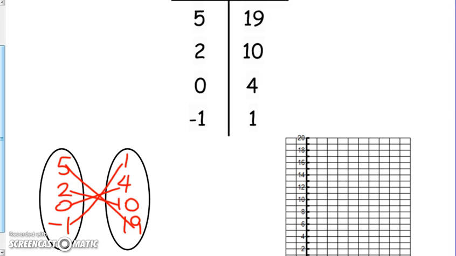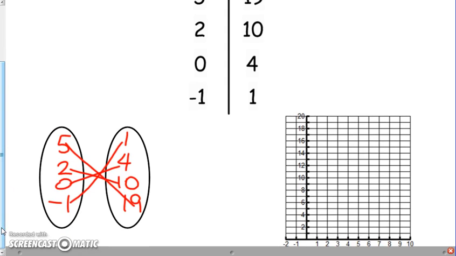So you know it's a function. And then if we graph it, we had 5, 19. So go over to 5 and go up to 19. 2, 10. 0, 4. Negative 1, 1. And you will notice if you connect the dots, and I've already told you I can't draw in a straight line, it does pass the vertical line test.